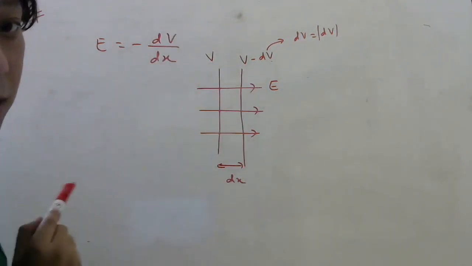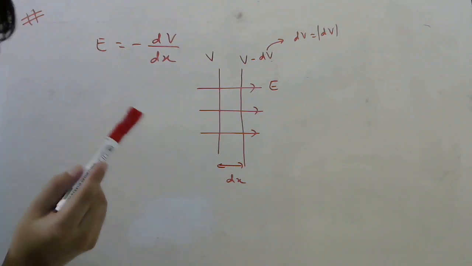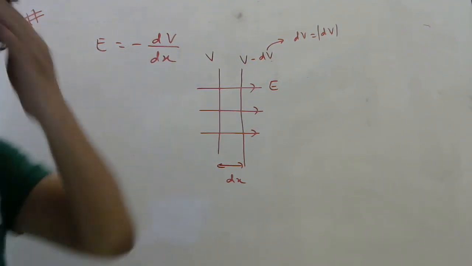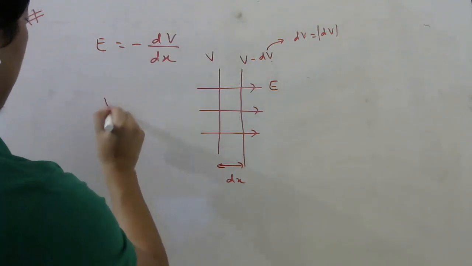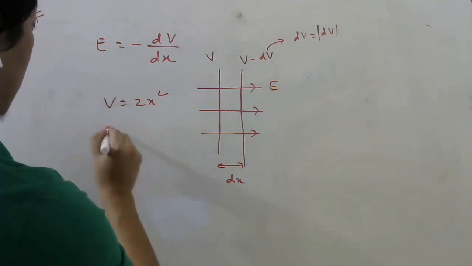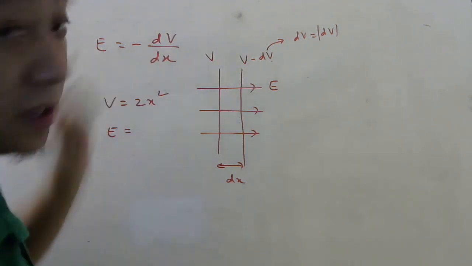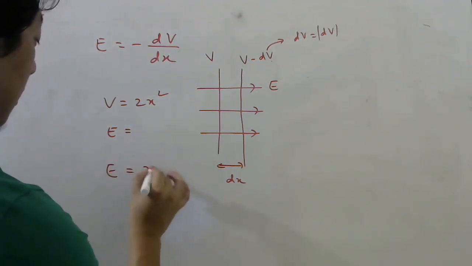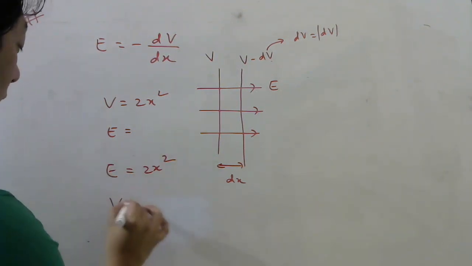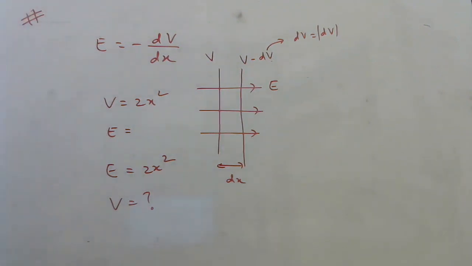One exercise also I did, and one homework also I gave. Some of you have done it already. You messaged me. Very good. So if I give you potential as, let's say, 2x square, you can easily find electric field by taking the differentiation. The opposite I want to do. If I give you electric field 2x square, how will you find potential?